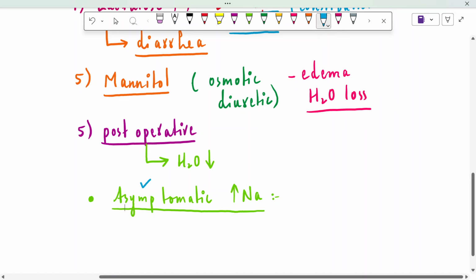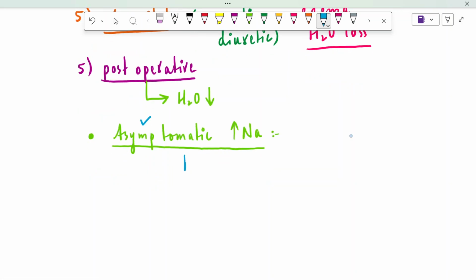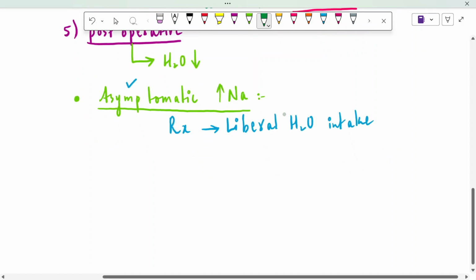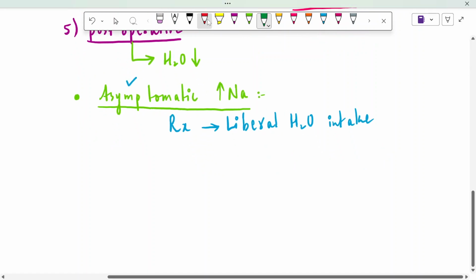So the treatment for asymptomatic hypernatremia is liberal water intake. The doctor prescribes drinking a large amount of water. Liberal water intake is enough to treat asymptomatic hypernatremia. But when the symptoms kick in, we have to do some other treatment procedures, right?